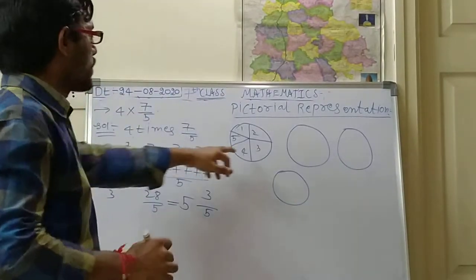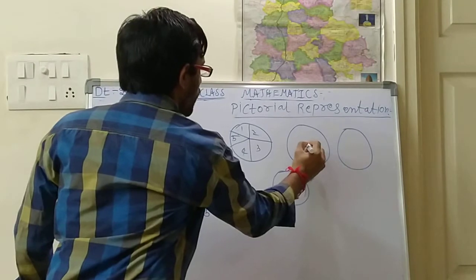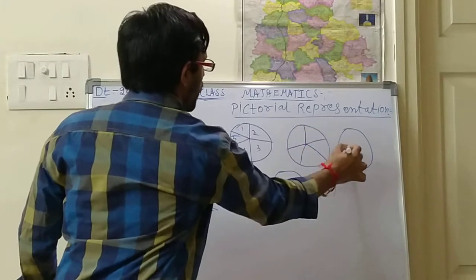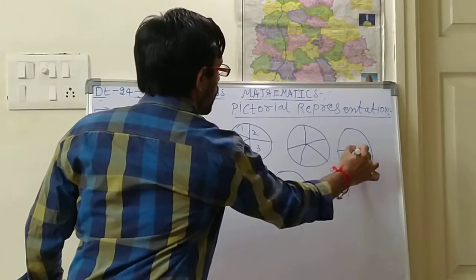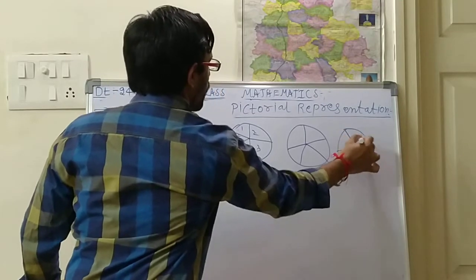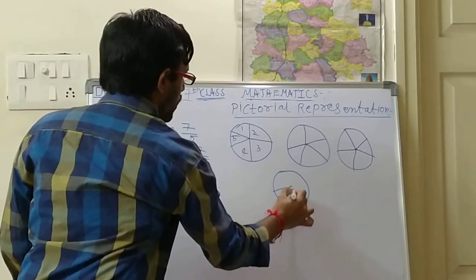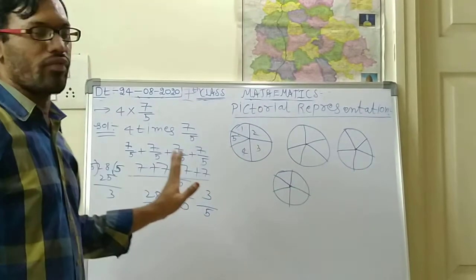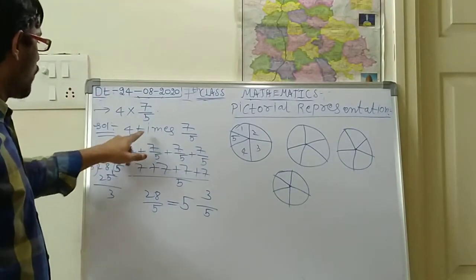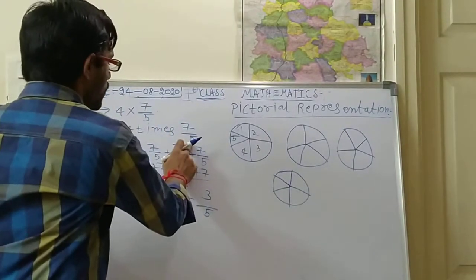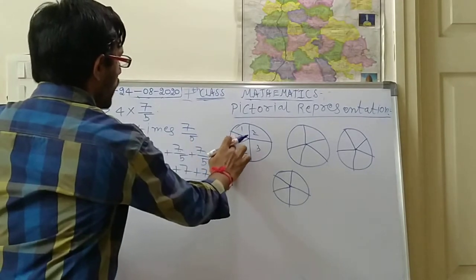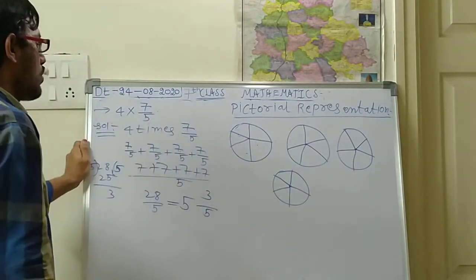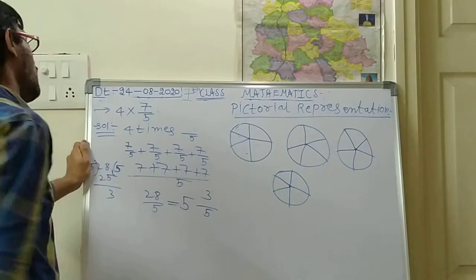In the 4 circles you should make 5 parts each. 1 2 3 4 5, next 1 2 3 4 5, next 1 2 3 4 5. So in the 4 circles I have made the 5 parts. So here first, 4 times 7 by 5. So 5 is there. So in the 5 parts, how many shades do I have to do? Okay, instead, 7 is there, no?